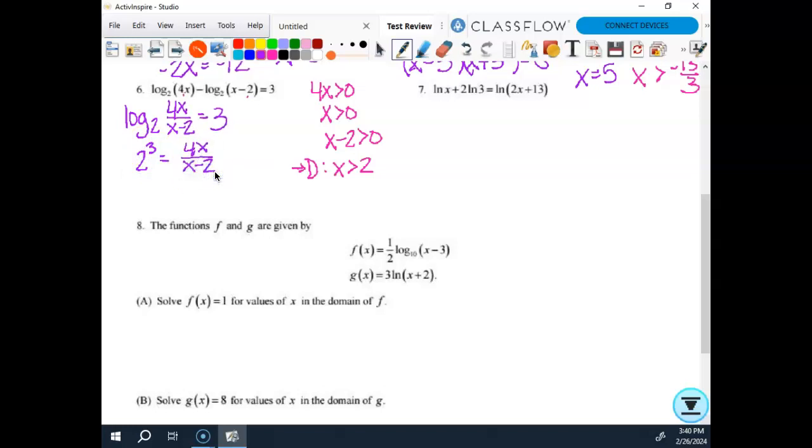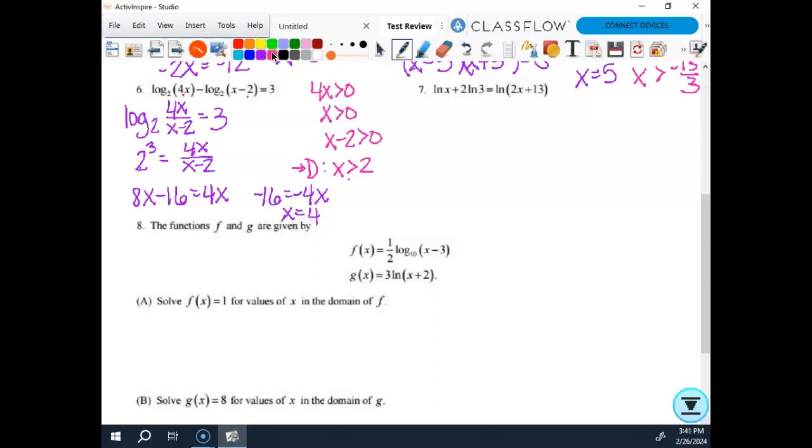Okay? So I'm going to do two things in one step. 2 cubed is 8, and I'm going to multiply both sides by x minus 2. So that's going to give me 8x minus 16 equals 4x. So negative 16 equals negative 4x, and x equals 4, which is greater than 2, so I'm good.